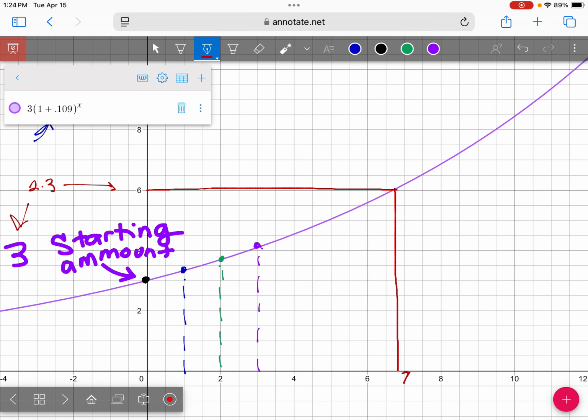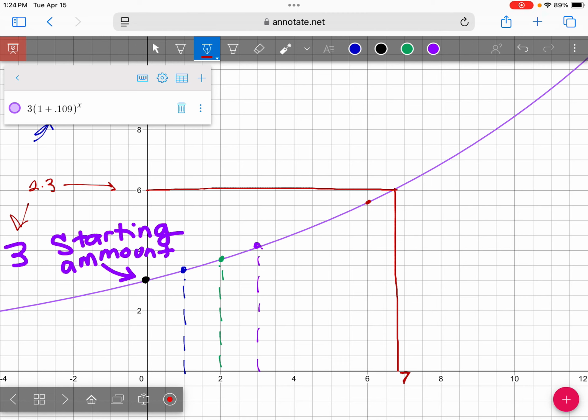Almost 7 months, between month 6 and month 7. If you're typing it in by month, the first time we get past 6, you would have to get all the way to 7, because at 6, we're at just over 5.5. So month 7 is really when it doubles.